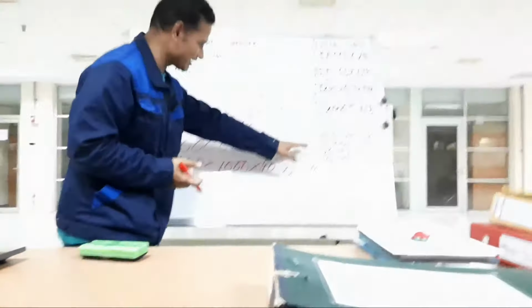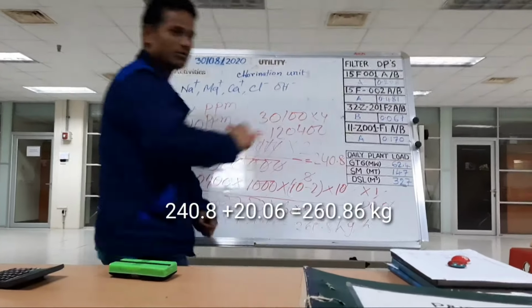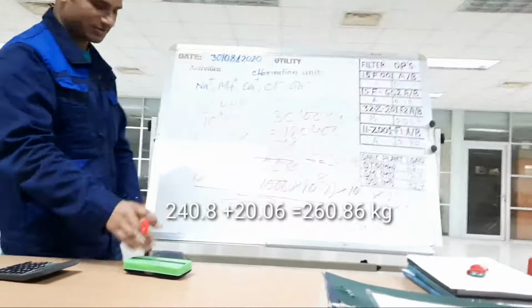So in this flow, at 100% production, total chlorine we are getting is 260.8 kg per hour. Clear? Any confusion? Okay.